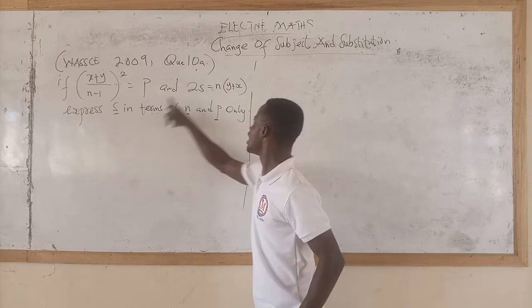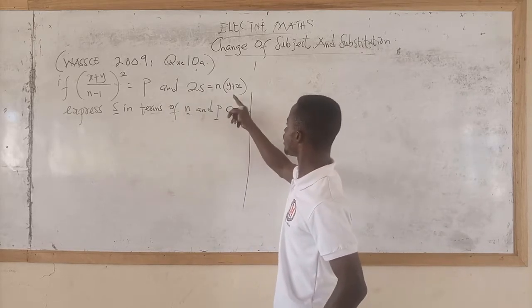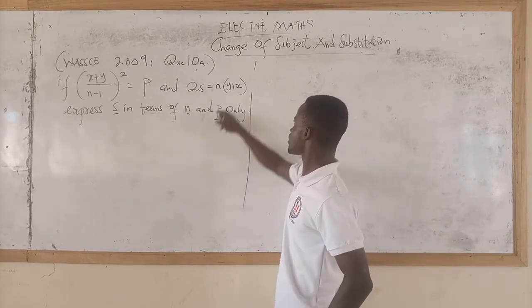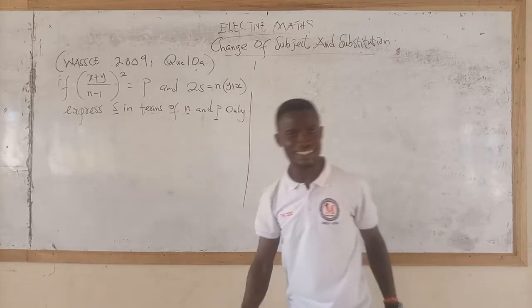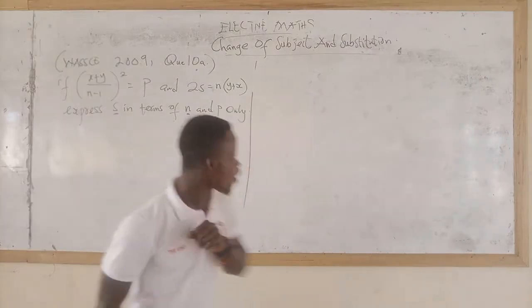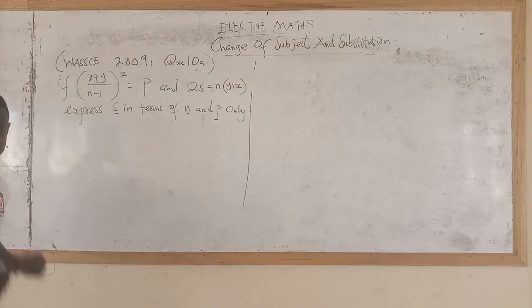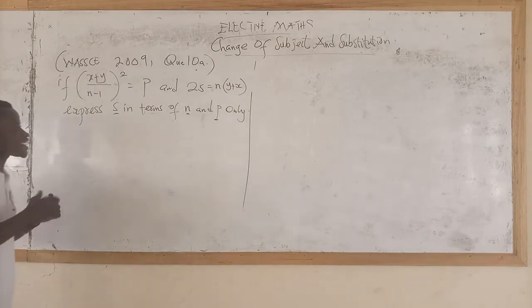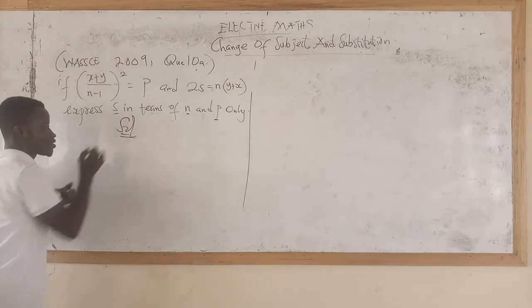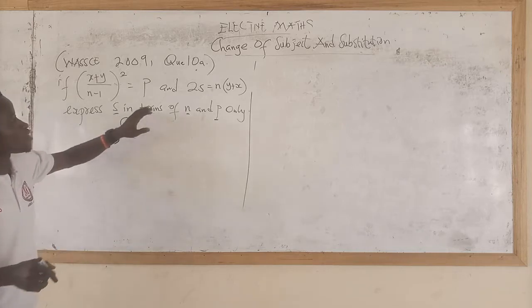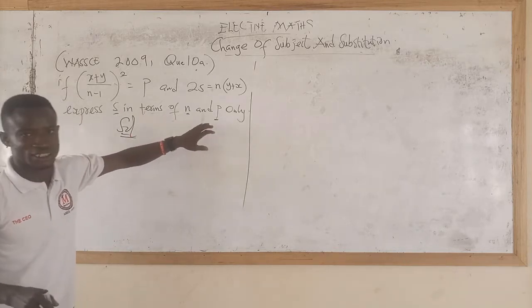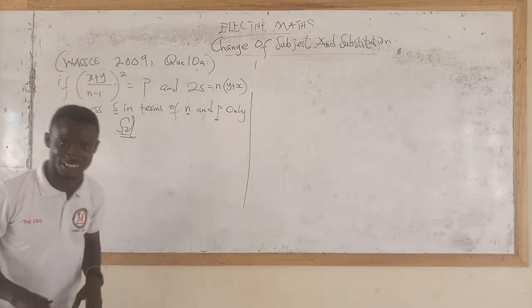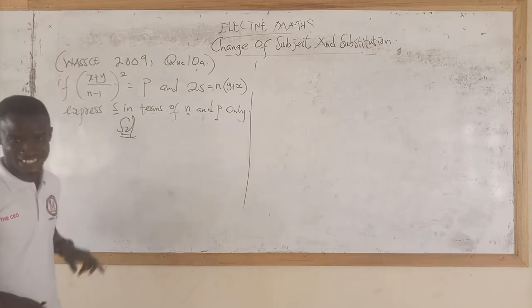S is here, N is here, no problem. P is not here, but P is here. But S and Y is not here again. So, watch. Whenever you are given such questions, check the ones that will not be in the expression of x.